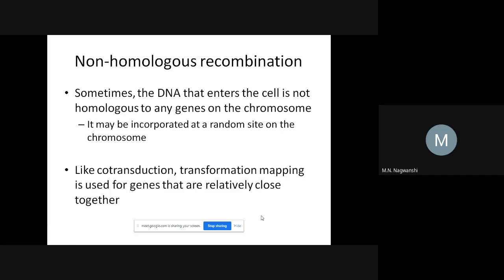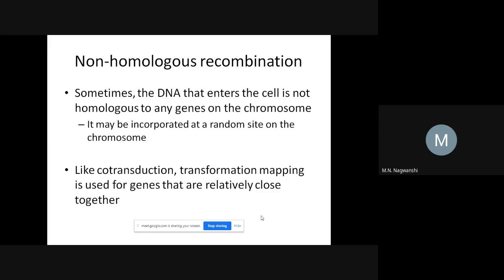So this transformation of the bacteria is sometimes non-homologous or homologous. Sometimes the DNA that enters inside the cell is not homologous to any genes.